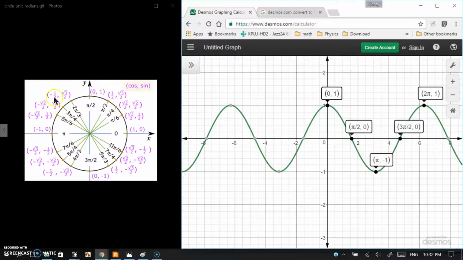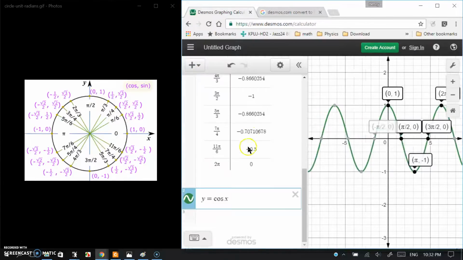Now, what we learned back in the unit circle, we know that the x coordinate represents my cosine. So we're only looking at the values of the x coordinates, and they are now my cosine of the angle.